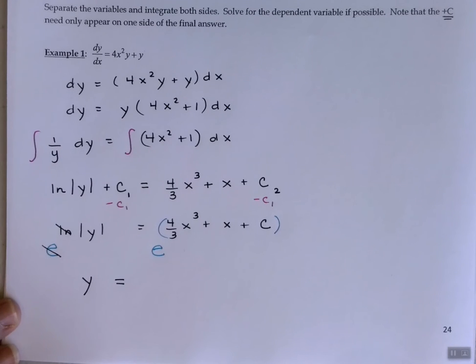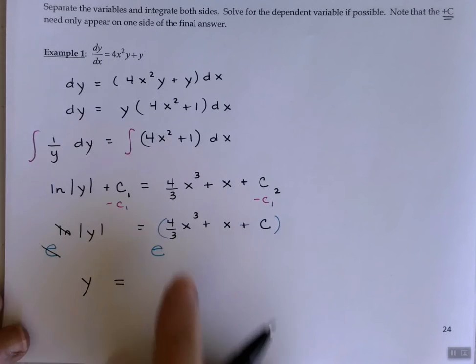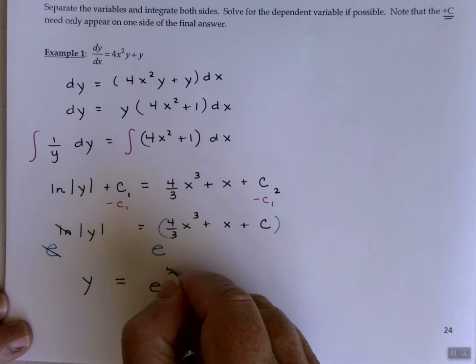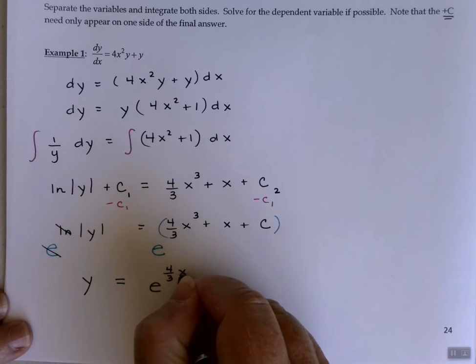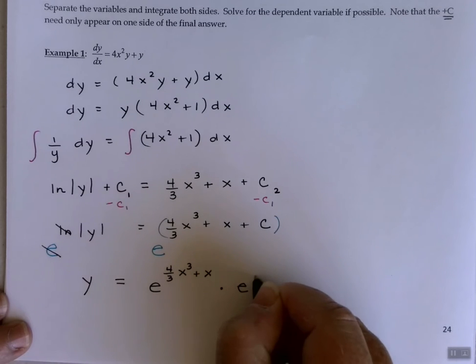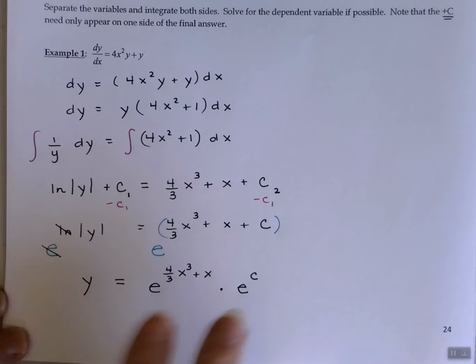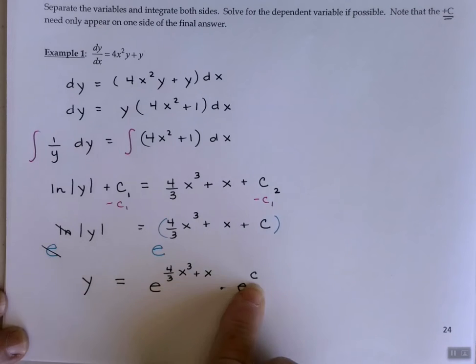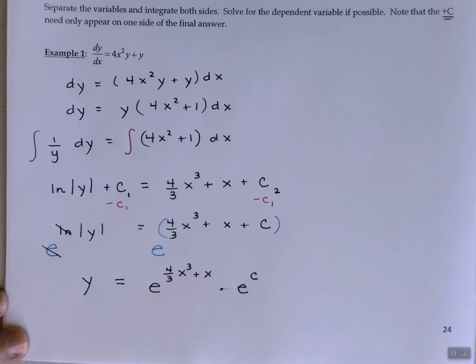And over on the right, this is something that happens really, really commonly. I'm going to write this as e to the 4/3 x cubed plus x times e to the c. Multiplying means you add exponents, so this is really the same thing as I had up here.